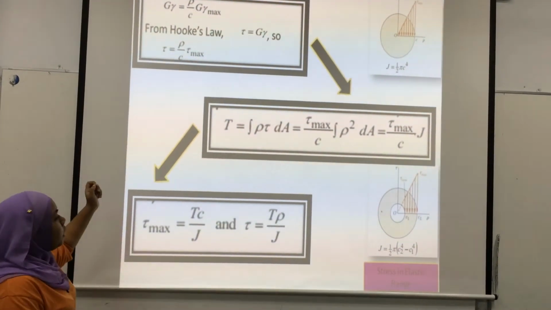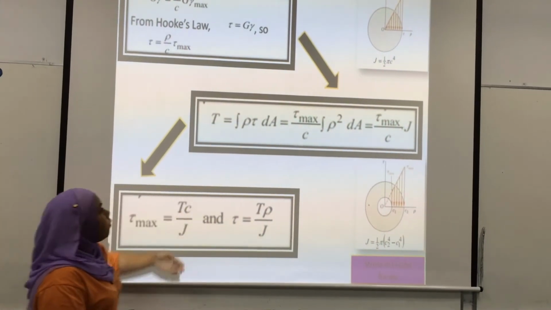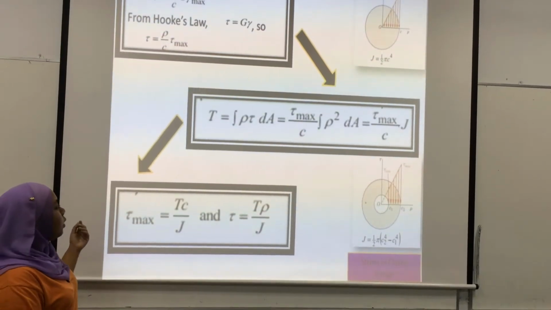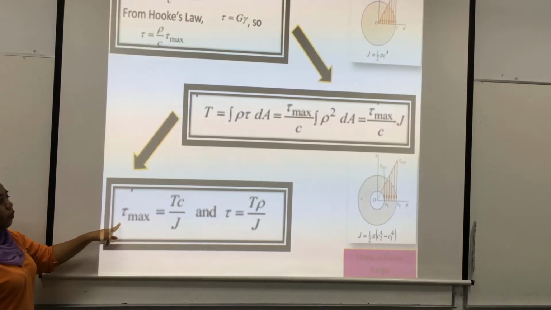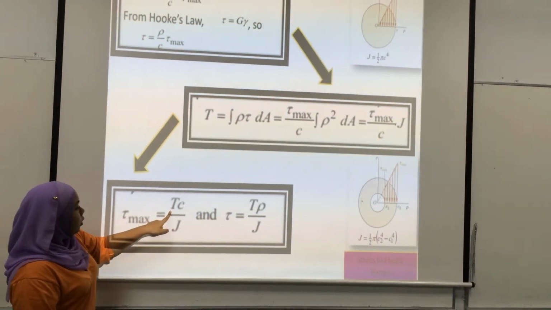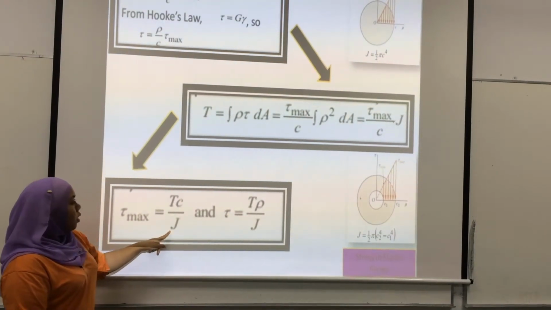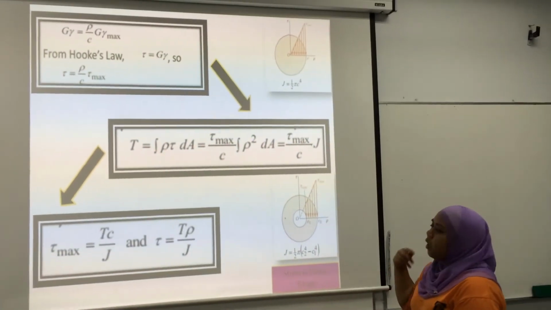And then we insert it into the first equation that we revised before. It will form this equation, where maximum shear stress is equal to torque multiplied by radius over J. Before this, I mentioned J.